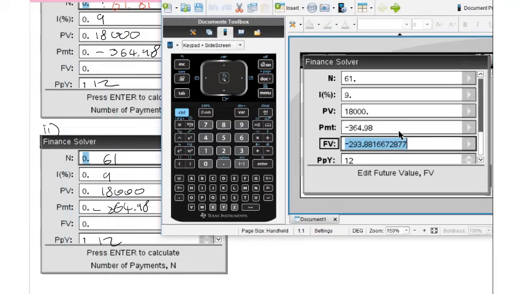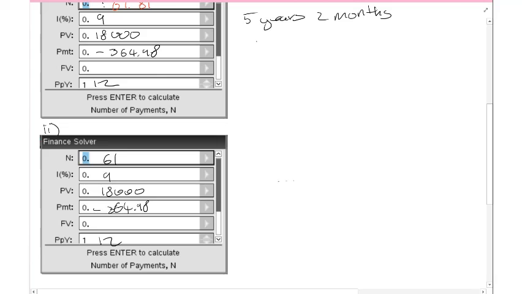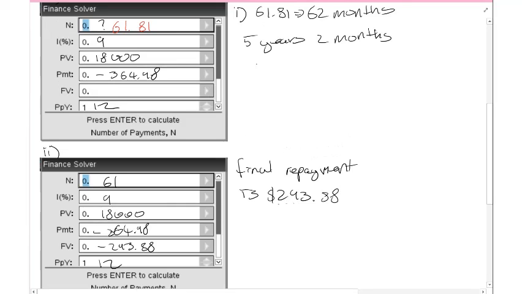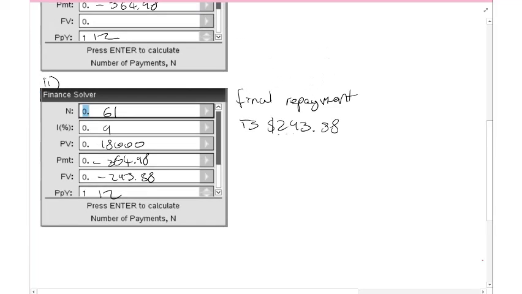We see that there's 293.88. So that means the final repayment is 293.88. Okay, but we still haven't finished here because remember this has still got some interest owing on it.